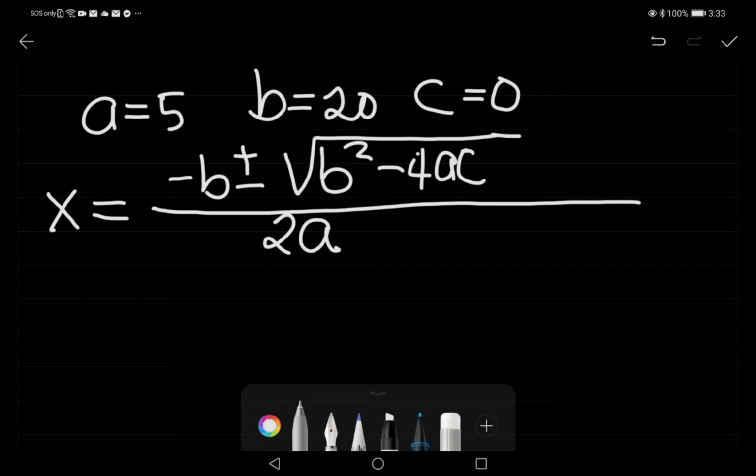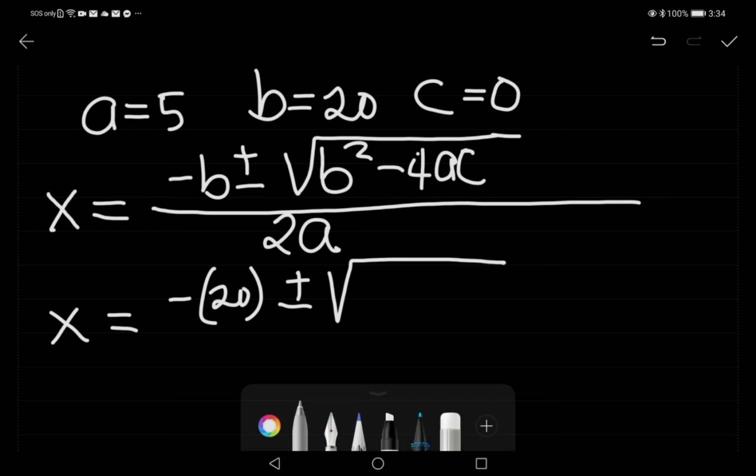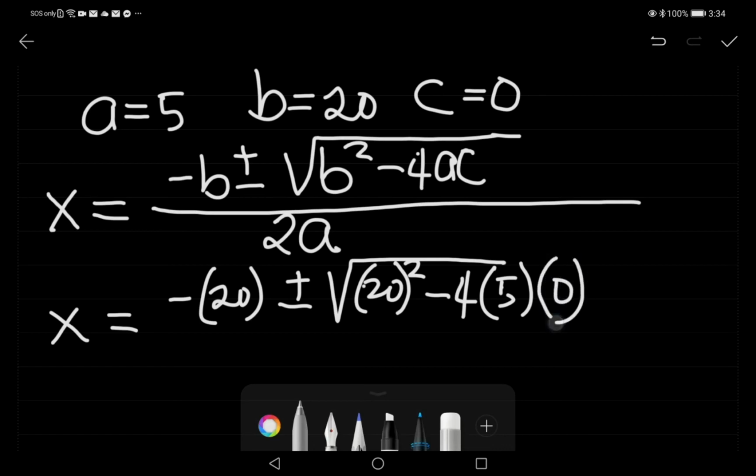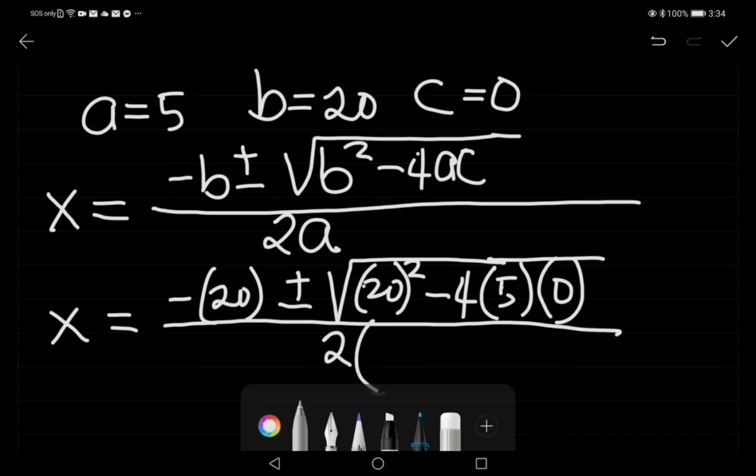So we will substitute: minus b is negative 20, plus and minus square root of b squared, b is 20, squared, minus 4, a is 5, and c is 0, over 2 times a, and a is 5.